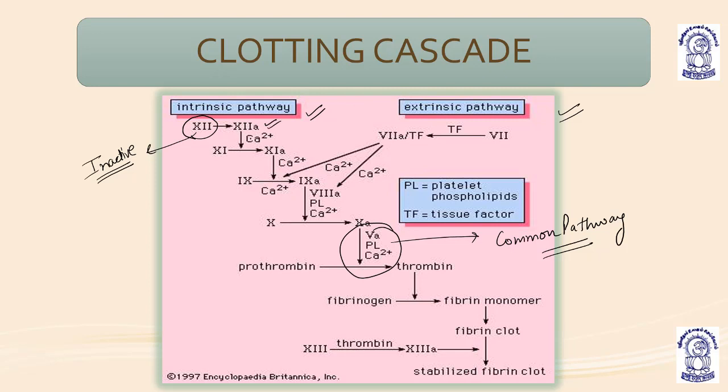In the presence of calcium ions, activated factor number 12 further activates factor number 11. Activated factor number 11 activates factor number 9 in the presence of calcium ions. Activated 9 converts 10 into its activated form. This activation of factor number 10 involves calcium ions, PL, which is platelet phospholipids, and factor number 8.